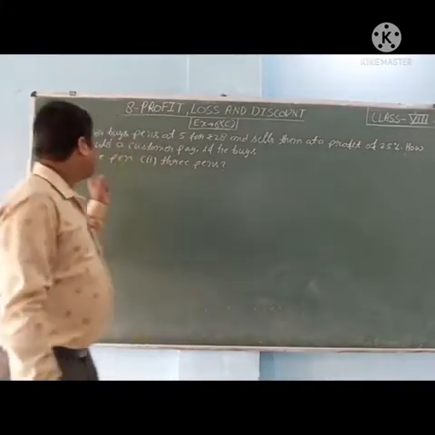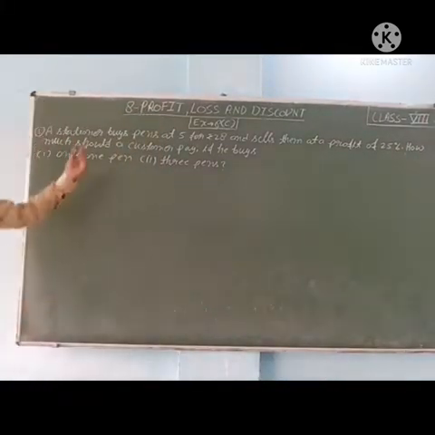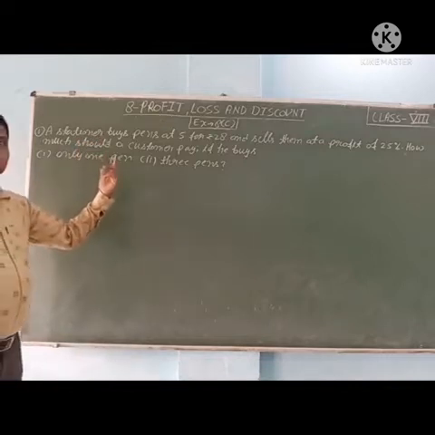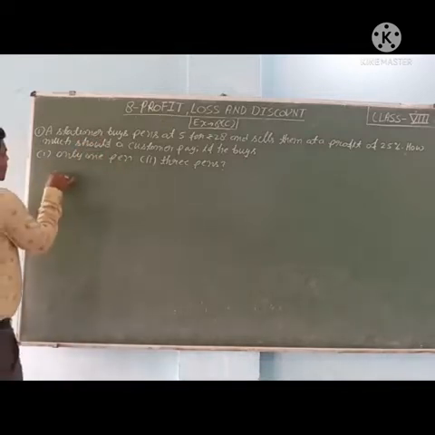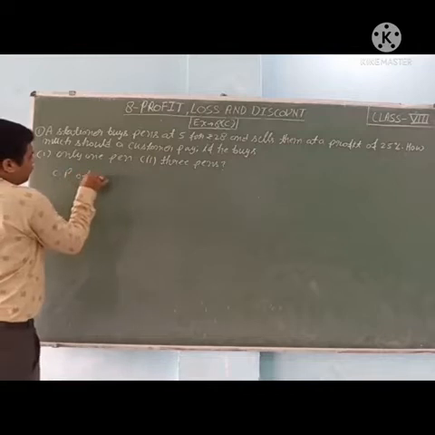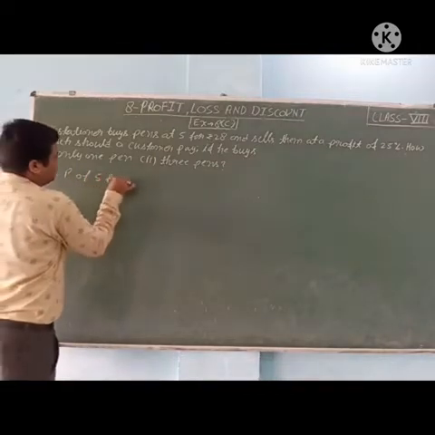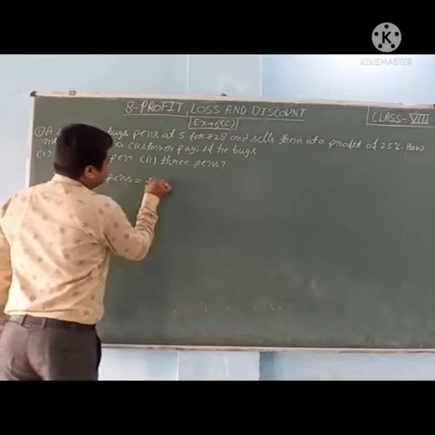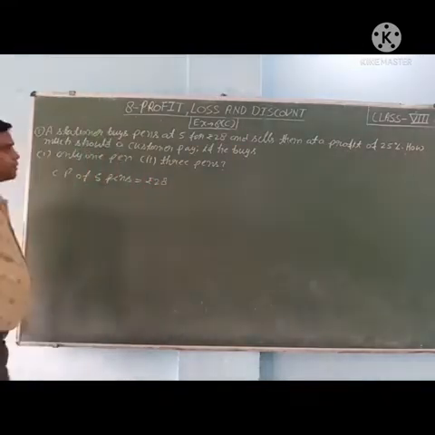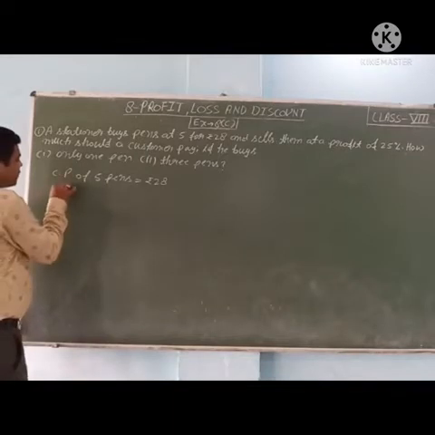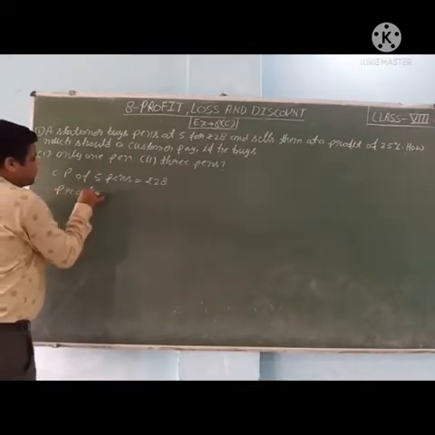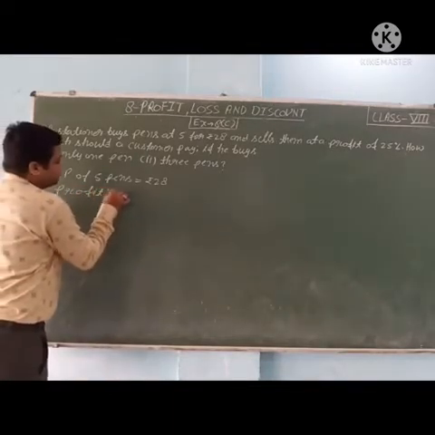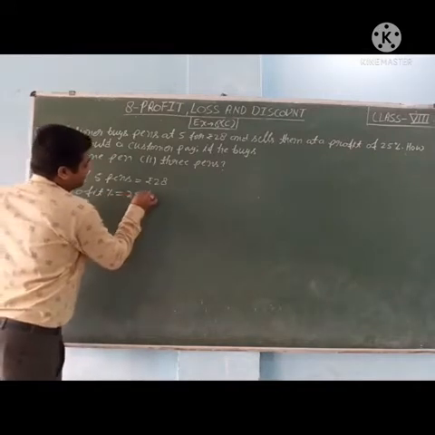So for the first part, first we will write a summary of this question. CP of 5 pens is equal to ₹28. Profit percent is equal to 25%.